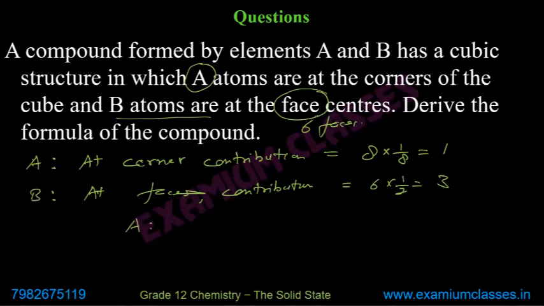Formula will be A is to B equals 1 is to 3, that is AB3. Yes, Sudipta, Devvanna, correct. So for example, AlCl3. Formula will be AB3.